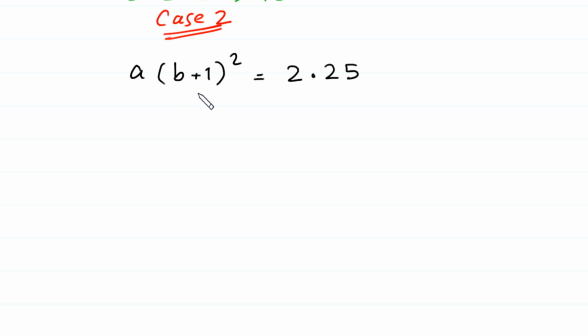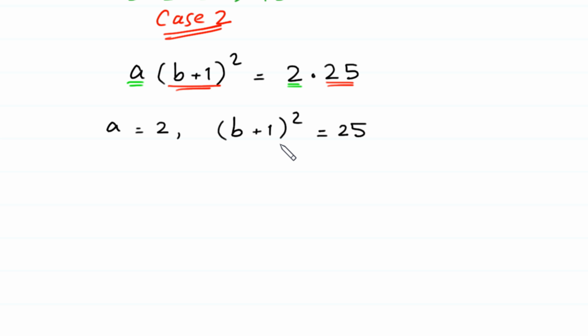In this case we write this b plus 1 whole square, that is a perfect square, equal to this perfect square 25, and we write this a equal to this 2. So a is equal to 2 and b plus 1 whole square is equal to 25.